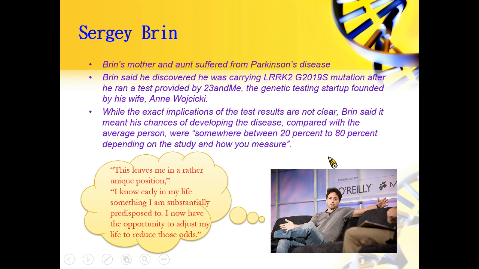But Sergey Brin is optimistic and positive. He said, "This leaves me in a rather unique position. I know early in my life something I'm substantially predisposed to. I now have the opportunity to adjust my life to reduce those odds."